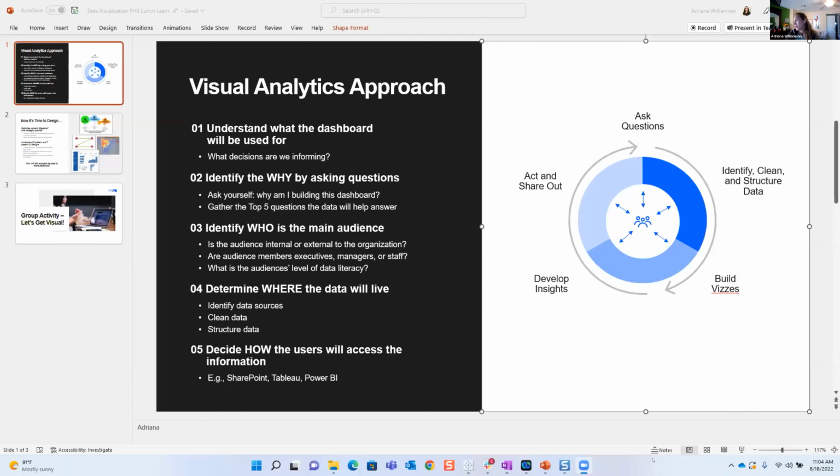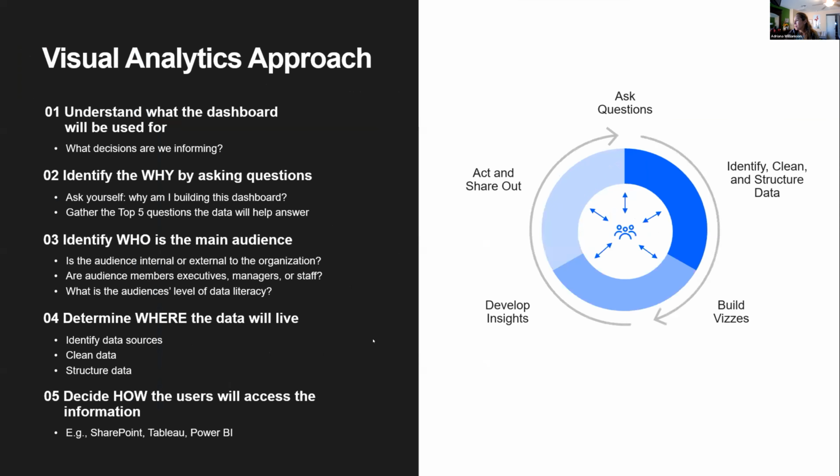Let me share my screen, and then I'll go into presentation mode. I call this the visual analytics approach, and as a consultant, I take a lot of the steps that Sean went through.